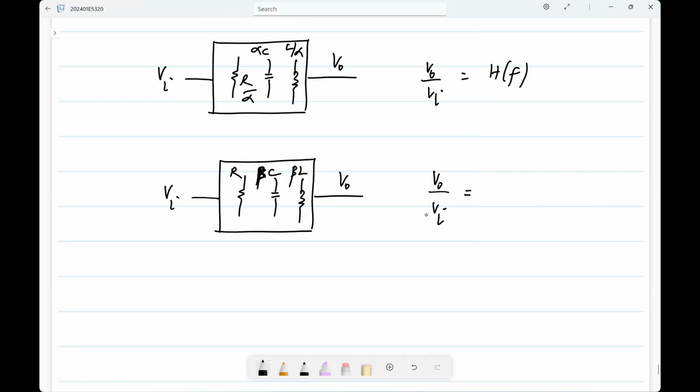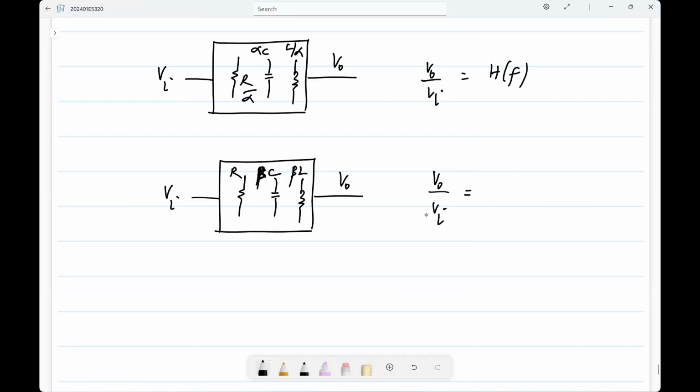What will it change to? Oh, beta. Okay. Why beta square? How do you analyze this circuit? I mean, circuits with L's and C's?